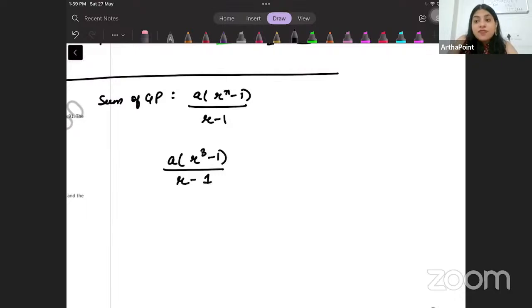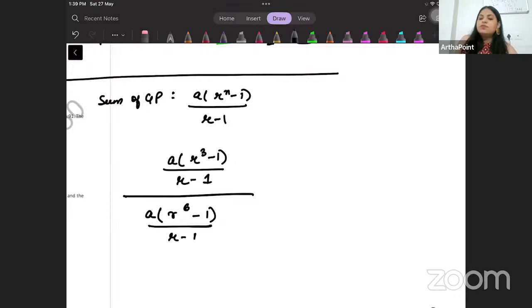And what will be the sum of first 6 terms? Divided by, put n equal to 6, (r to the power 6 minus 1) upon r minus 1. Simple. Once I have to put n as 3 and once I have to put n as 6. This is the ratio of the first 3 and first 6 terms. And this is given to me as 64/91.